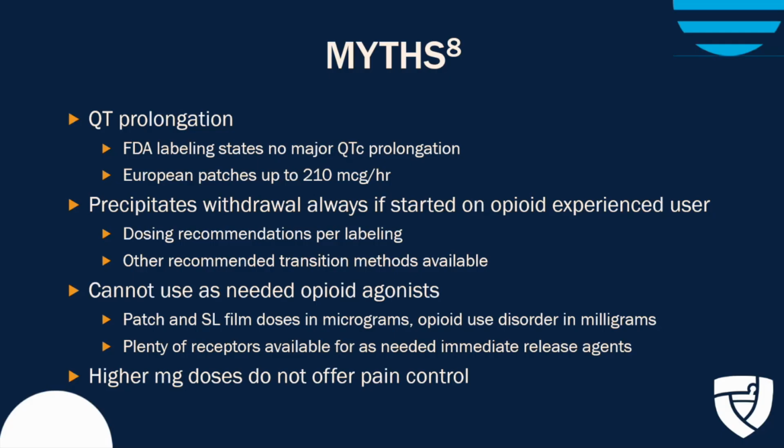Our patches and sublingual films are dosed in micrograms, while our opioid use disorder products are generally dosed in milligrams, much higher doses to help block opioid receptors for opioid use disorder. And there are plenty of mu opioid receptors available at those lower doses to help with pain relief with as-needed immediate release opioid agents.